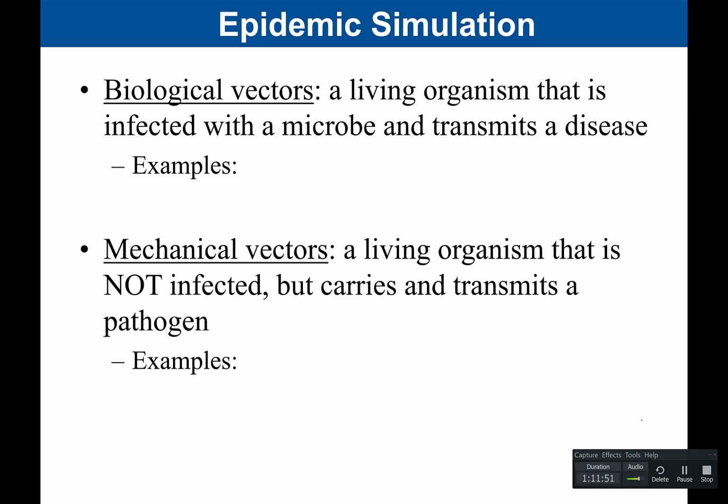Now, we can also have what are called vectors. And a vector is a living organism that's infected with a microbe and transmits the disease. So examples of this, mosquitoes.